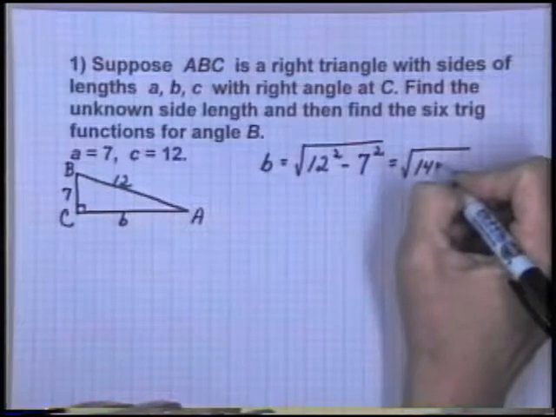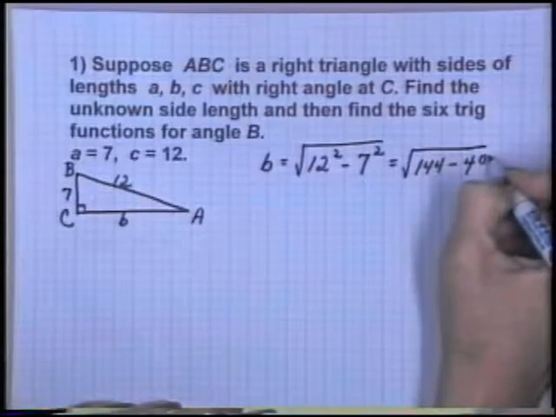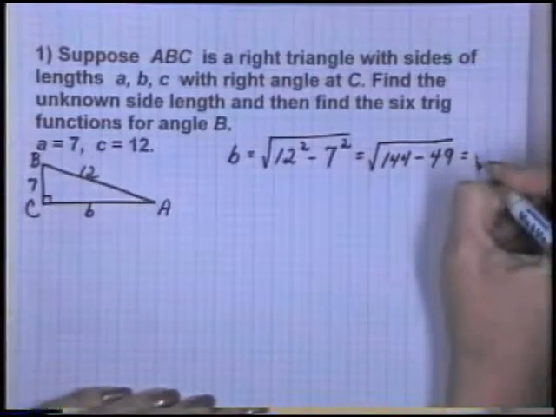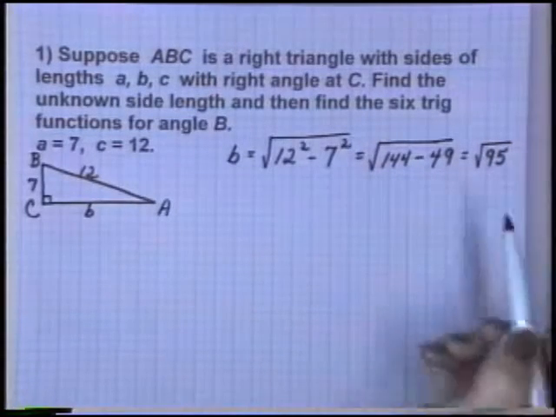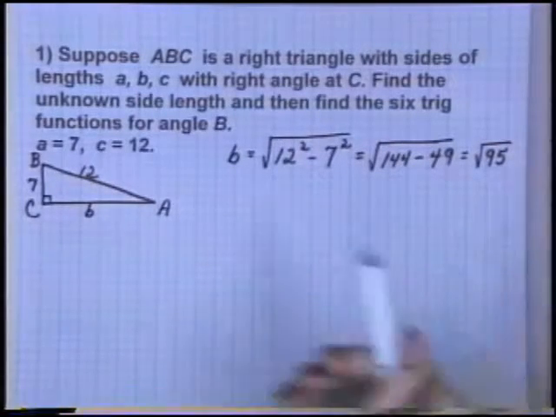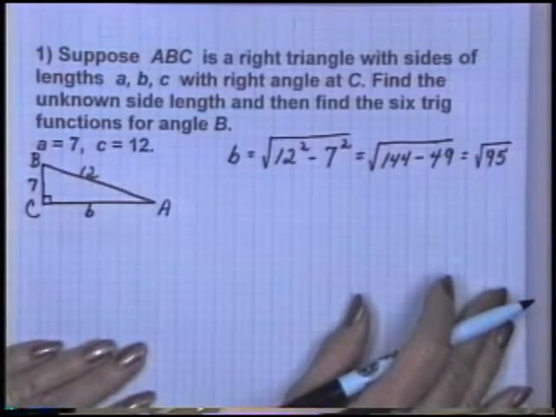So 12 squared is 144. Subtract 7 squared, which is 49. And what I get is the square root of 95 when I subtract that 49 from 144. Now, the square root of 95 does not simplify, so I'll have to leave it like it is.